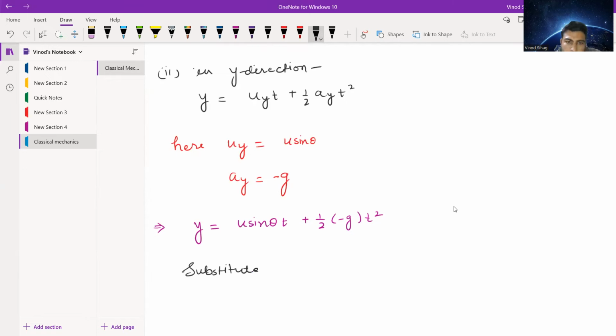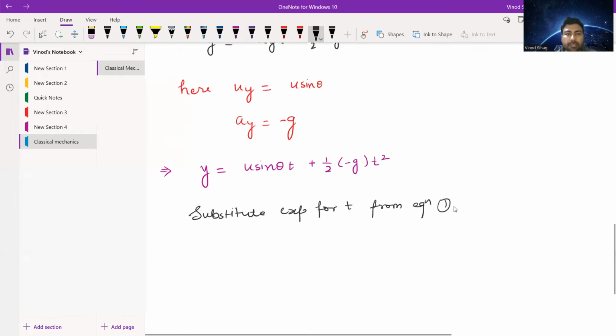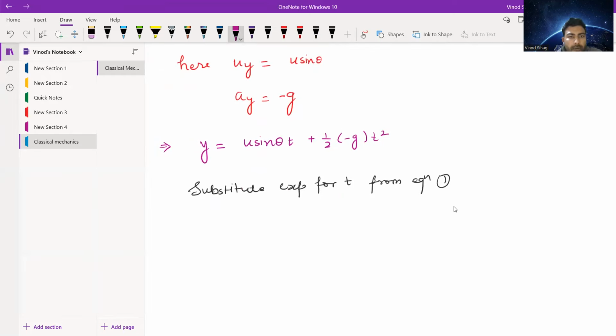Now the equation will become y equals u sine theta, and in place of t, I write x upon u cos theta, minus, because plus into minus sign will become minus sign.